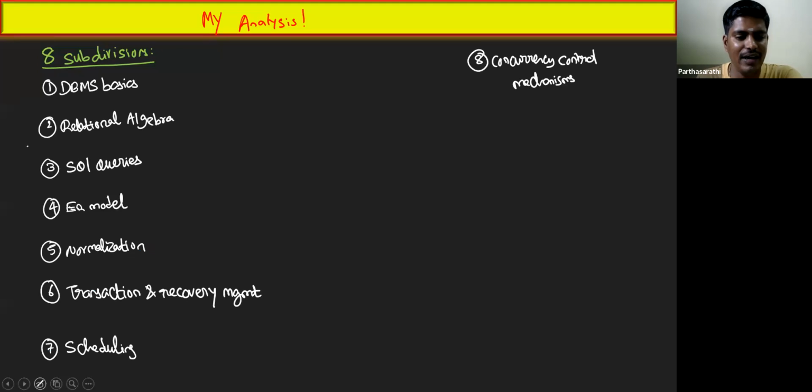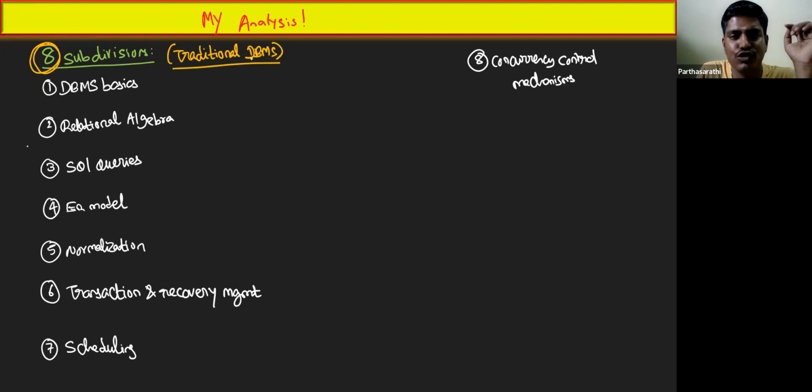I am dividing the entire database management system into 8 subdivisions. Let me explain what you have to concentrate on with respect to these 8 subdivisions, provided all these 8 subdivisions are related only to the traditional database management system concepts that I have shown you in the previous slide. Clear?